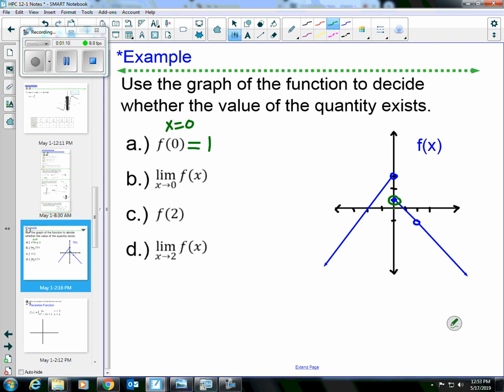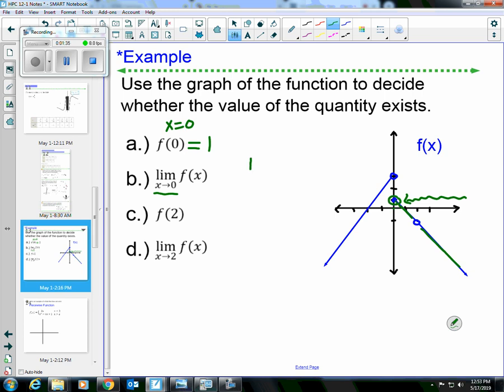Now, the interesting thing to look at is what would the limit be as x approaches 0 of this function f of x? And here's where the interesting thing happens. Coming in from the right-hand side, so looking at x values as they get smaller and smaller and closer to 0, the function value itself, if you just trace on the line, is getting closer and closer to that value of positive 1.